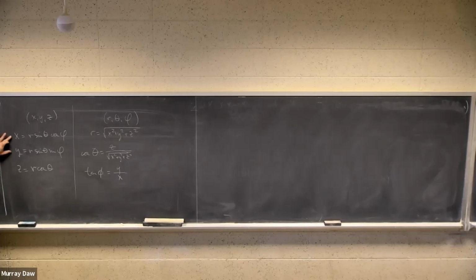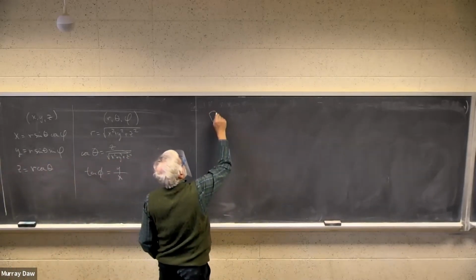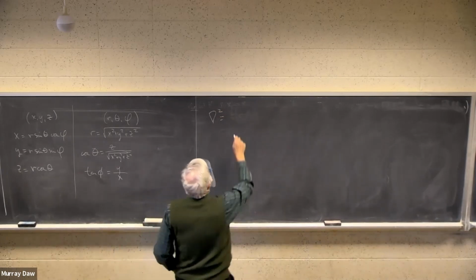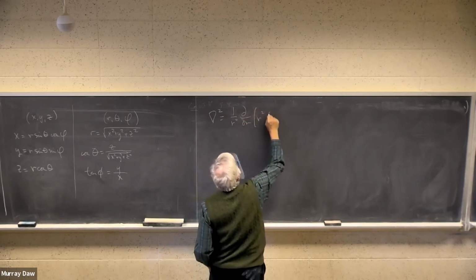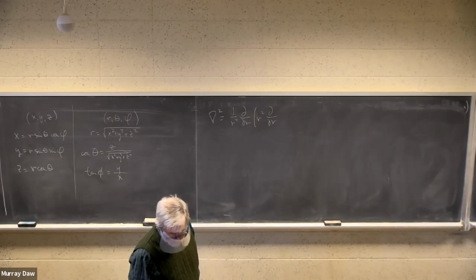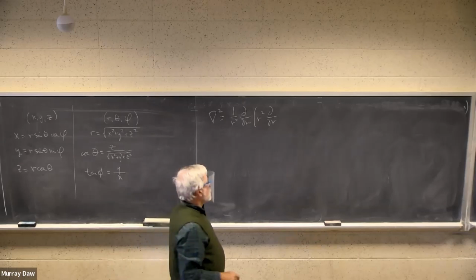It resembles the polar in the XY plane, but there's this third dimension, which involves the angle theta. Okay, so then I'm just going to write down the result for the Laplacian. A little work, but it's in the back of the book. There's an appendix at the back, appendix 5, that has the Laplacian in different coordinates.